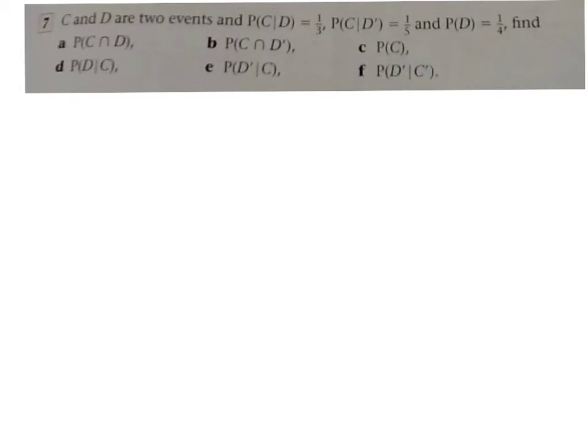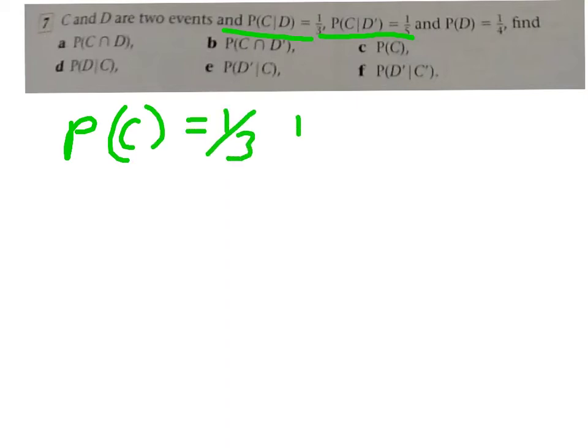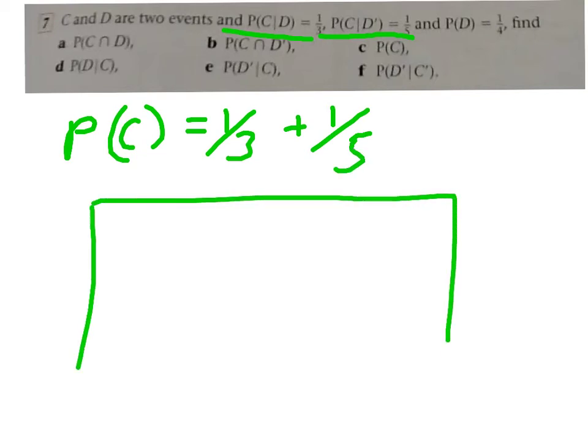Now, it's a slightly tricky one this, but if you take the probability of C given D, and the probability of C with D not occurring, then if you add those together, you have got the probability of C. So the probability of C is going to equal 1/3 plus 1/5. And I'll show you that with a diagram in case you're not clear.